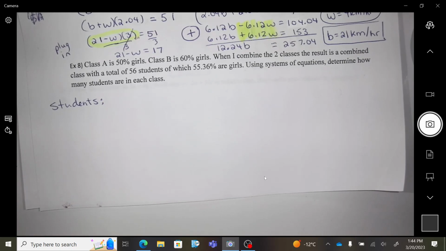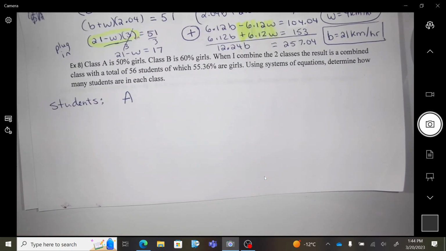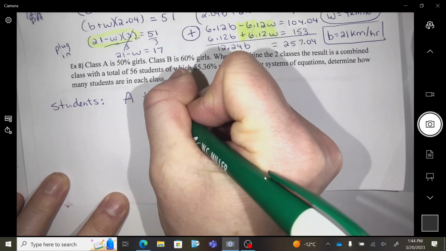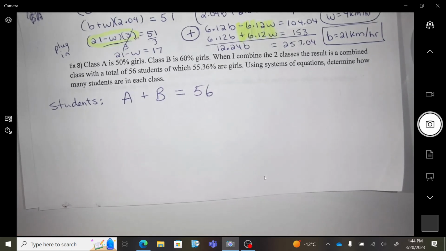So let's talk about the students. A is the number of students in Class A plus how many students are in Class B makes 56 students.